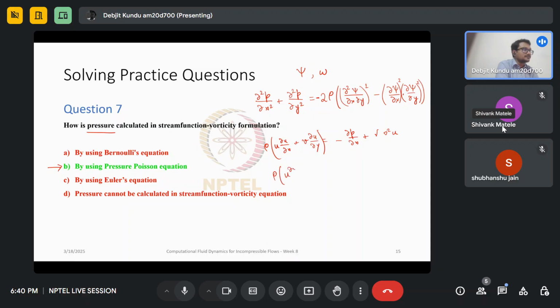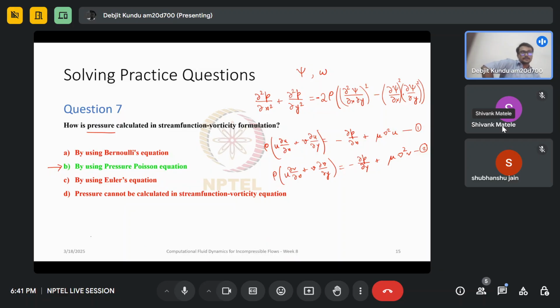Then you have u ∂v/∂x + v ∂v/∂y equals minus 1 by rho ∂p/∂y plus nu Laplacian of v. Okay, if I take rho, then it will be mu, not nu. Yeah, so this is what you have, right? Let's call these equation 1 and equation 2.